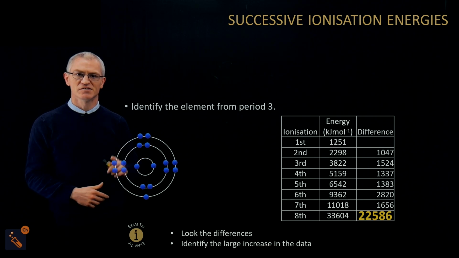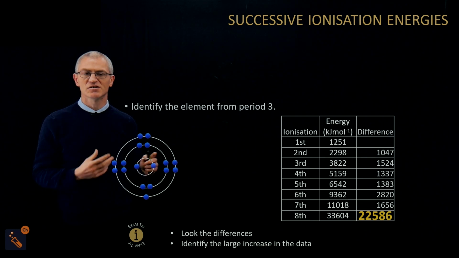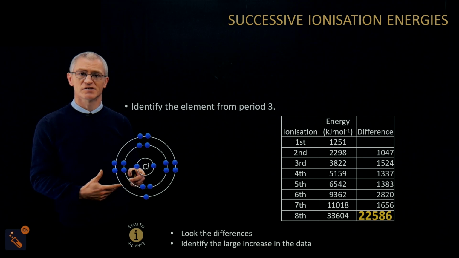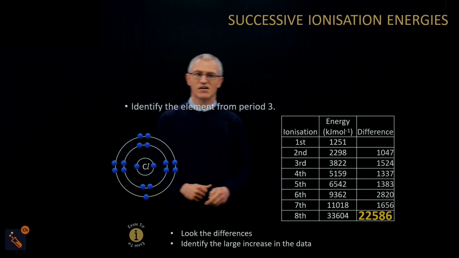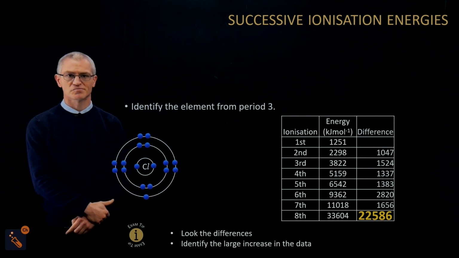Then we've just filled in the inner shells. If you then look at period 3, the element is chlorine. So we've identified chlorine by using the successive ionisation energies.